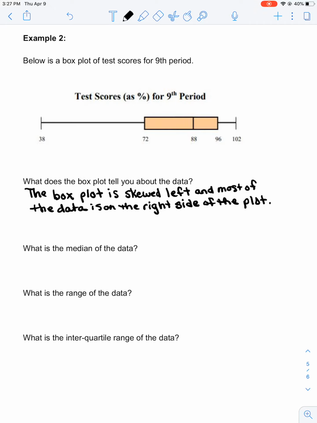So if you notice, most of the data is over on the right side of the plot. And notice how long that left whisker is. Okay? So it says, what is the median of the data? Well, the median of our data is right here, and that's 88.